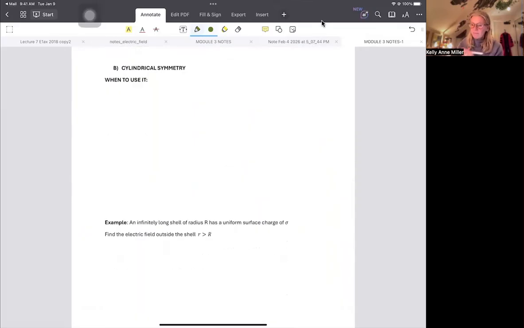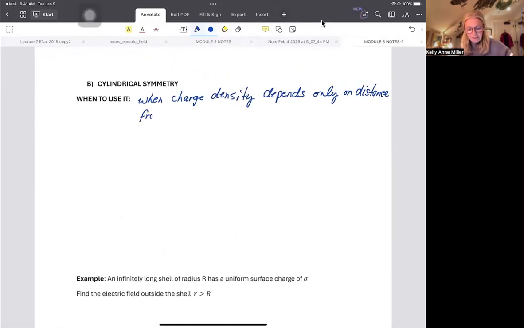So cylindrical symmetry is used whenever the charge density depends only on the distance from some sort of axis. Let me write that just so you have it. When the charge density depends only on the distance, instead of the distance from the center of a circle, it's the distance from an axis.